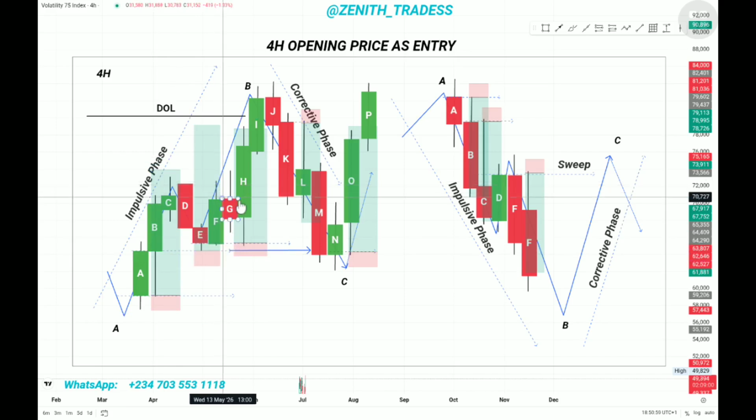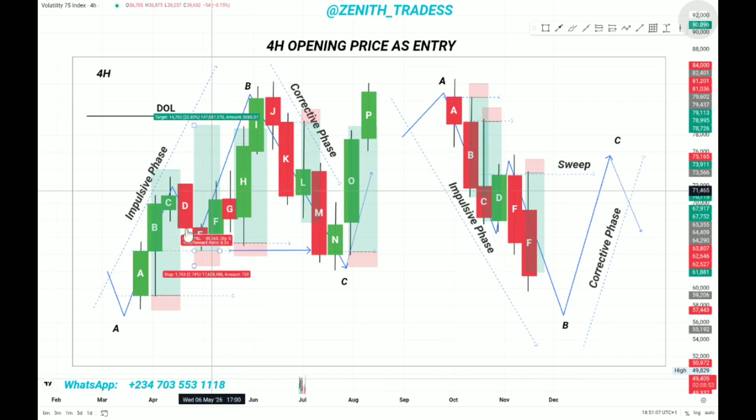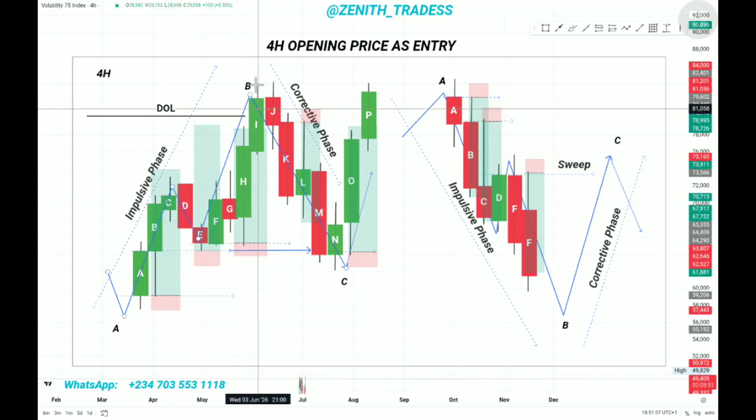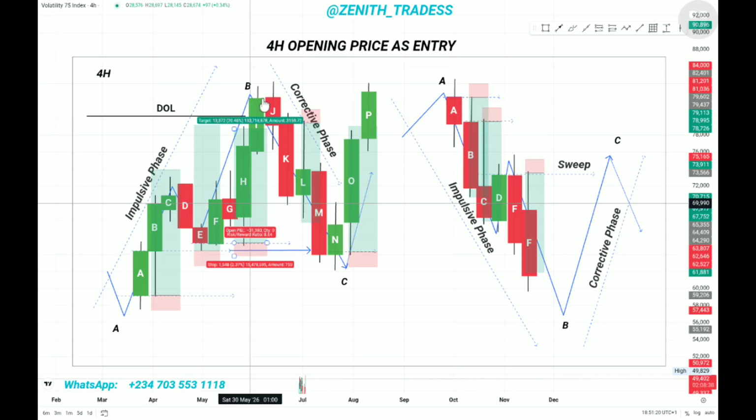Then the trend continues going up because this impulsive leg has not completed its objective yet. The only time it will complete its objective is when price reaches B, because B is an institutional level we already marked and we anticipate that price is going to reach there. So candle H opens, retraces to the opening price of candle F. It finds a strong support. We buy and it pushes up.